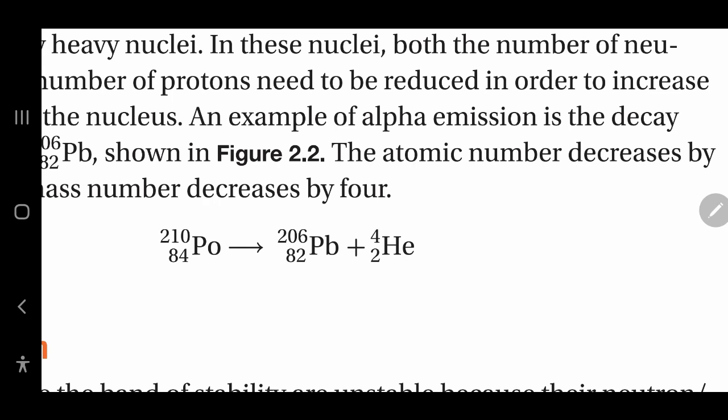So for the reactants, the polonium atomic number is 84, and the atomic number for lead is 82, and 2 for helium, so the sum will be 84. Same thing with the atomic mass. Atomic mass is 210 for polonium, and we have 206 for lead plus 4 for helium, so the total will be 210.